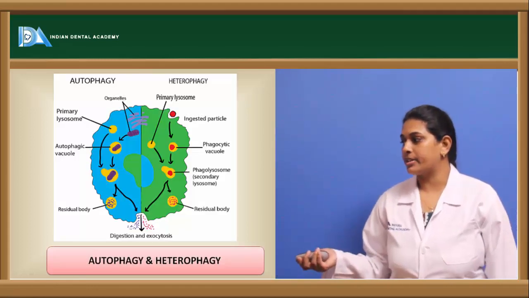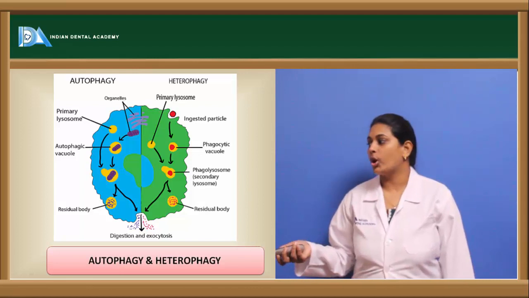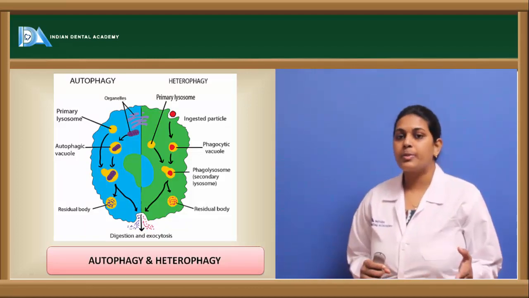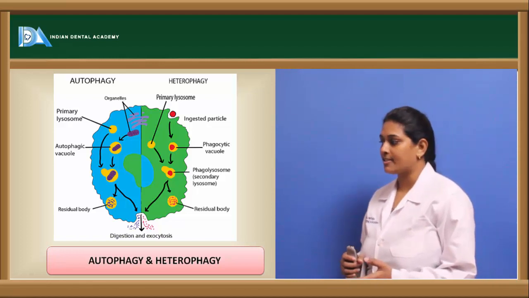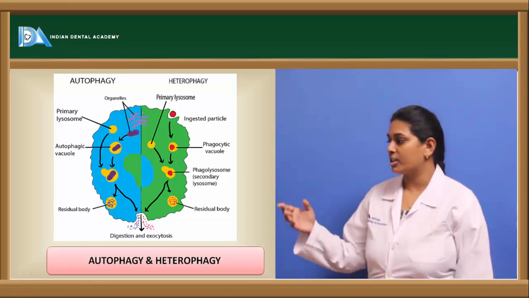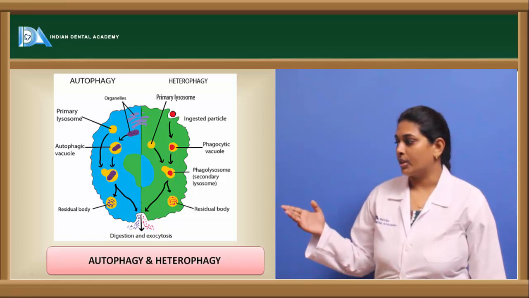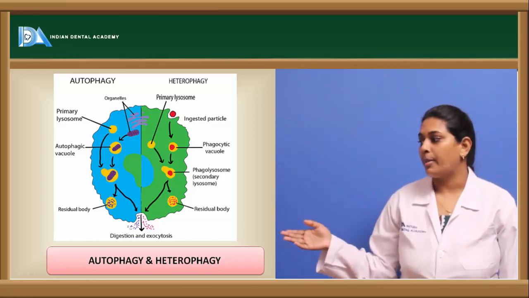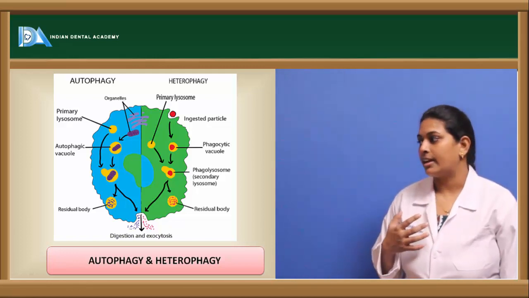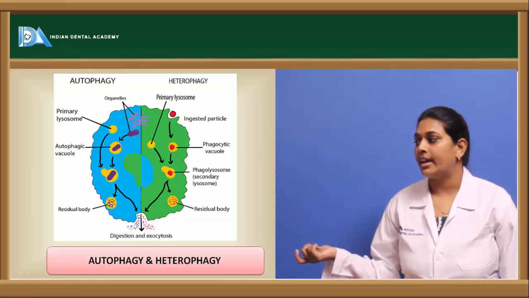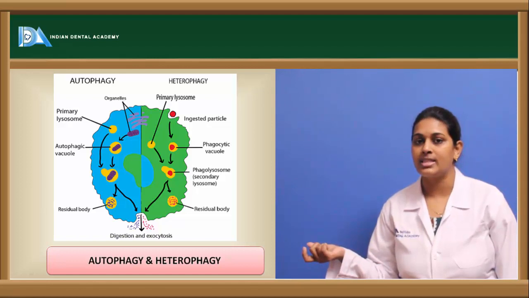There is a picture representation showing the differences between autophagy and heterophagy. The organelles present in autophagy, in the first picture, are the smooth endoplasmic reticulum and the mitochondria, which are taken up by the cell itself. They form the primary lysosome, then result in the autophagic vacuole.